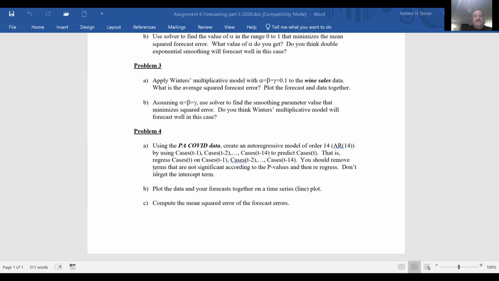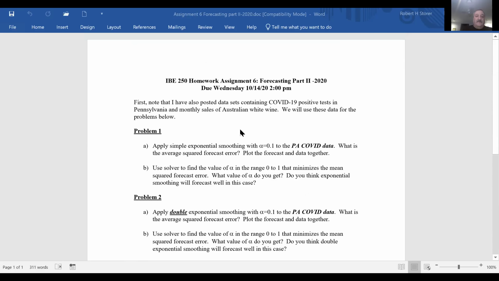Any terms that you find in that regression that have insignificant p-values, you get rid of them and rerun the model with the ones that are significant. That should be interesting too. So not a horrible assignment, only a little bit of Solver, mostly Excel work, a little bit of regression.